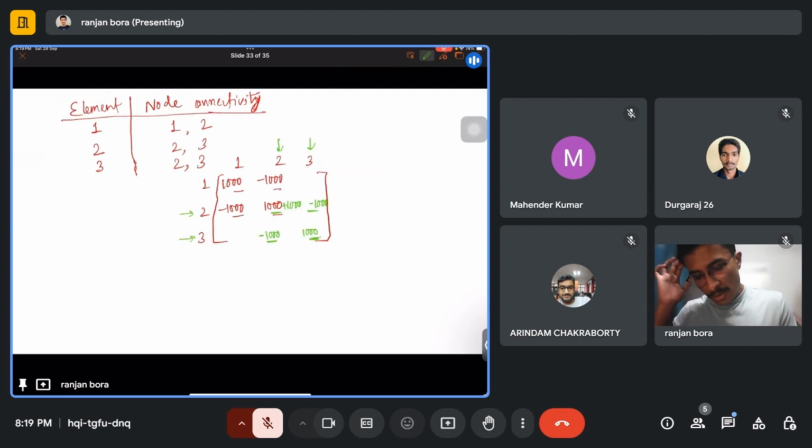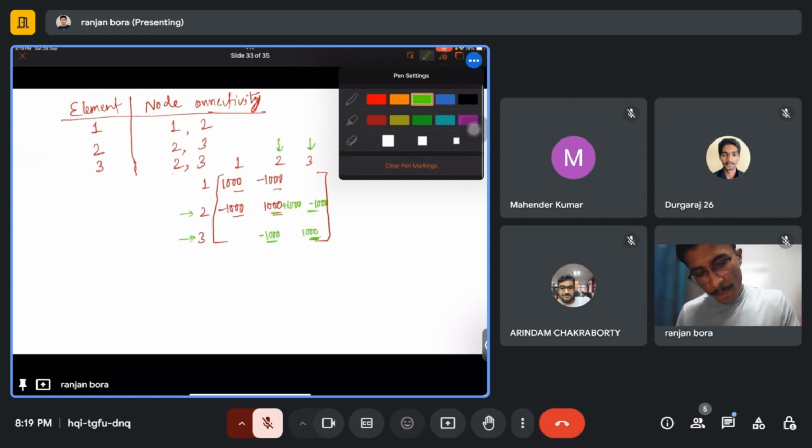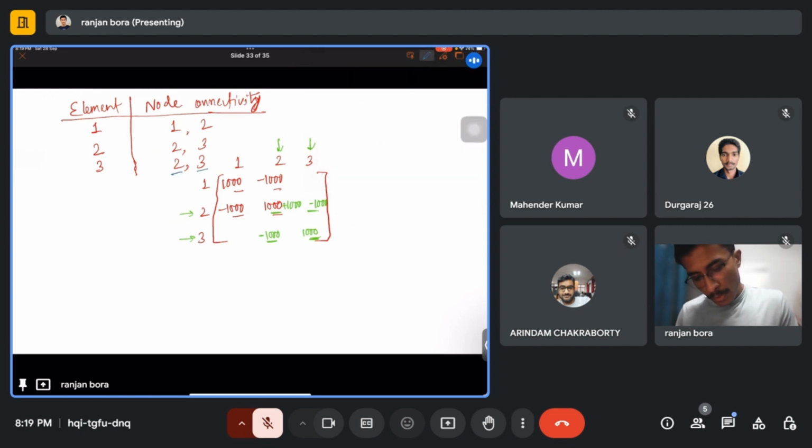And for the third element also the node connectivities are 2 and 3, so it will again come in these positions 2 and 3, 2 and 3.